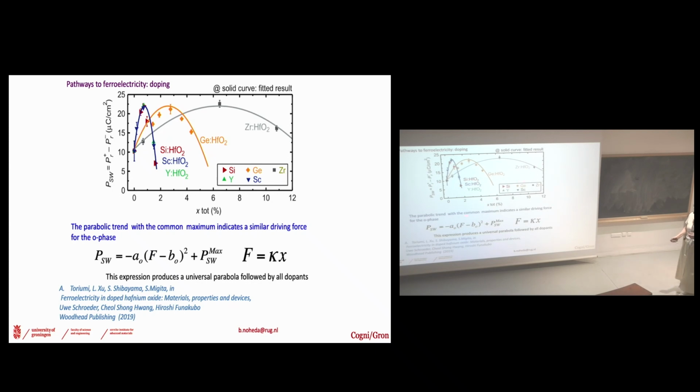At the end, different dopants work similarly in the sense that they have this kind of parabolic behavior as a function of doping, and they all follow this general trend. The idea is that with doping, you introduce oxygen vacancies, and the oxygen vacancies change the volume of the material. They change the volume of the unit cell.